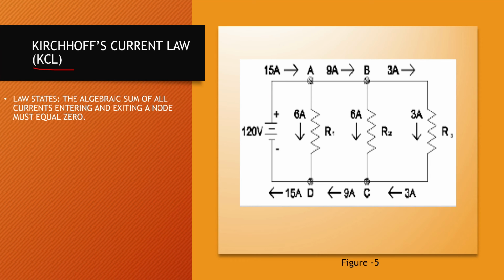So let's understand this. It says that the algebraic sum of the currents entering and exiting a node. A node is like this. This is a node where the current gets divided. So this node has some properties. The first property is this. Let's say you have an arrow facing like this, and an arrow facing like this. If both of these arrows are facing towards the node, these would get added.